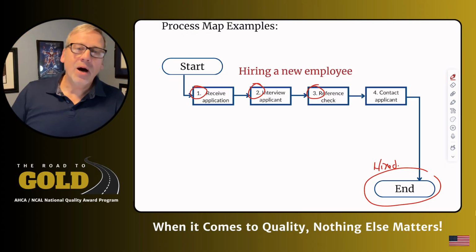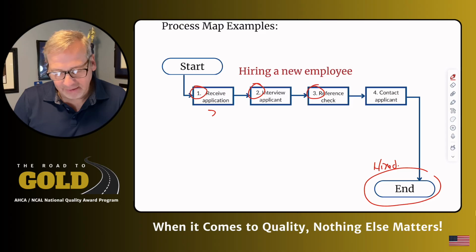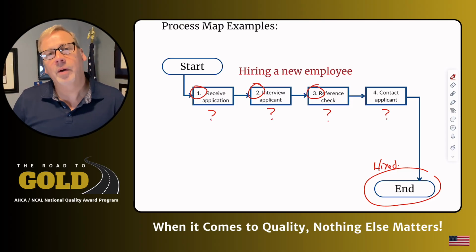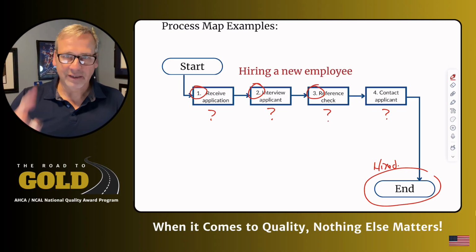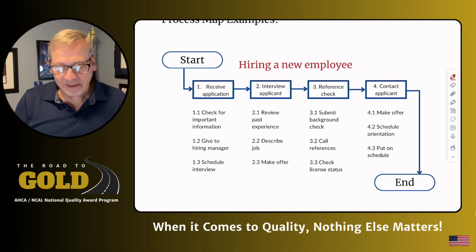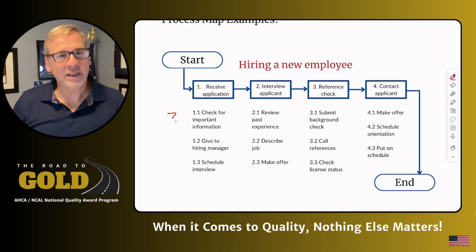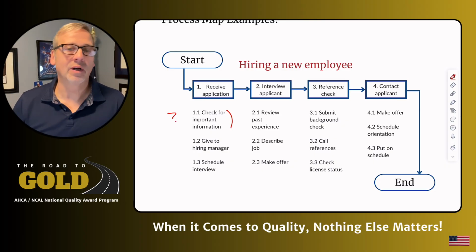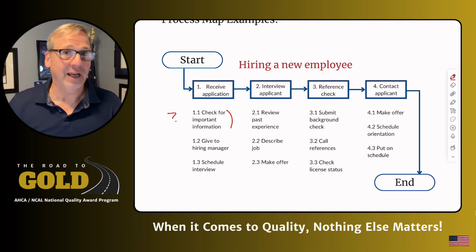Okay, but each one of these steps has, as you can imagine, multiple processes under it. For example, let me just break it down even further. Once we receive the application, the question is, what do we do? Well, the first thing that we do is we check to make sure the information is accurate.